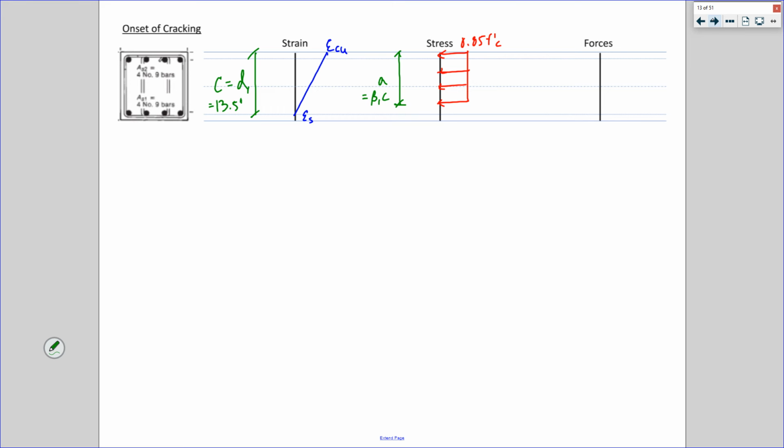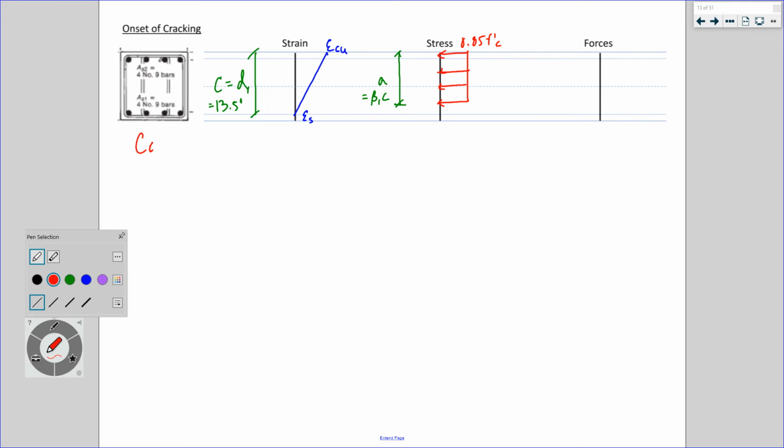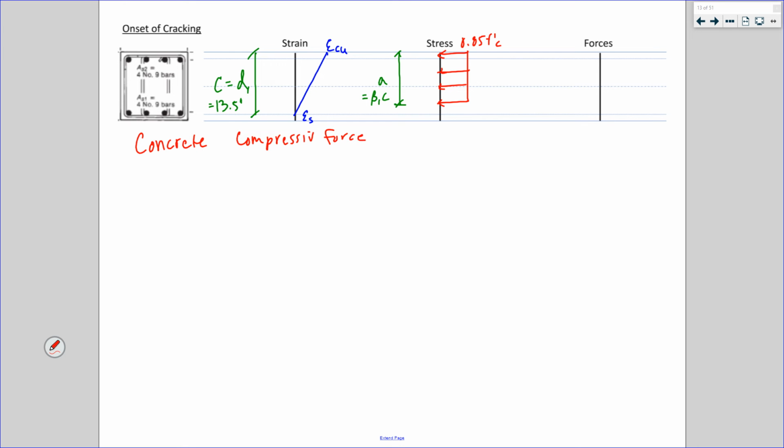So, my concrete compressive force, C sub C, it happens here.